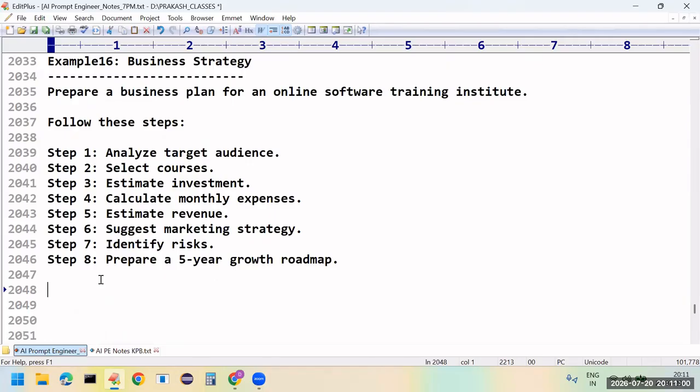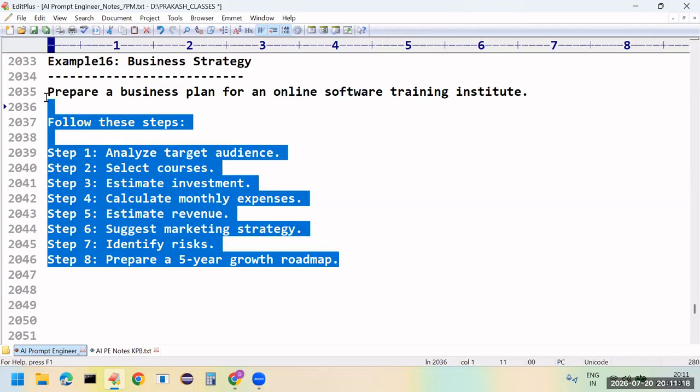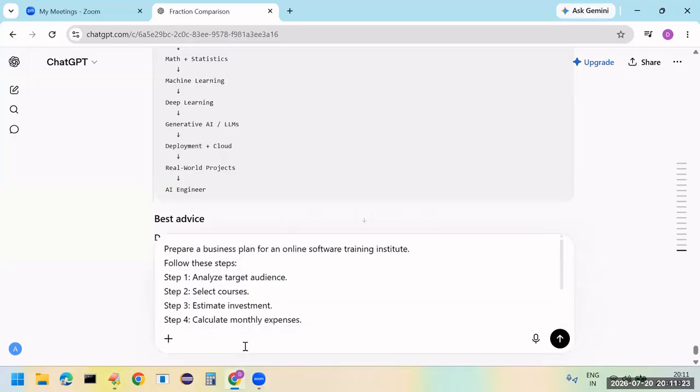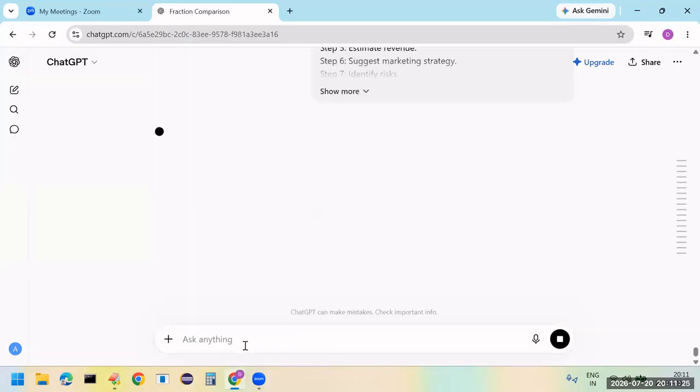Step 3, estimate how much investment I need. Calculate monthly expenses. Estimate revenue. Suggest some marketing strategy also. Identify the risks. Prepare a 5-year growth roadmap. Can you please run this prompt and check whether it is giving the correct plan or not?